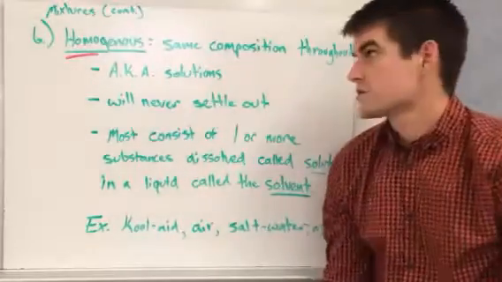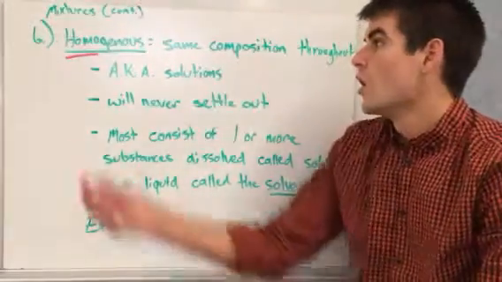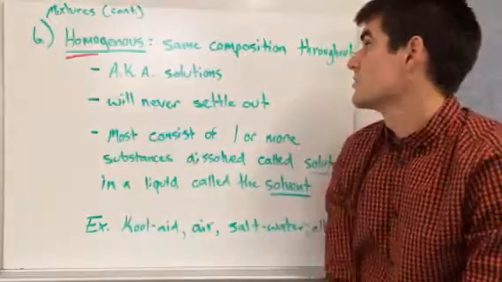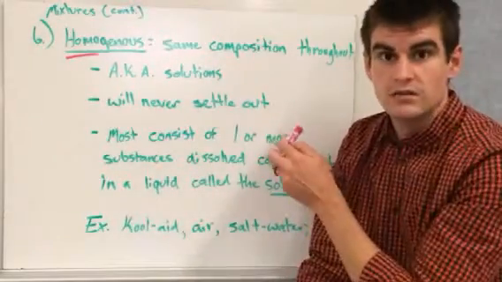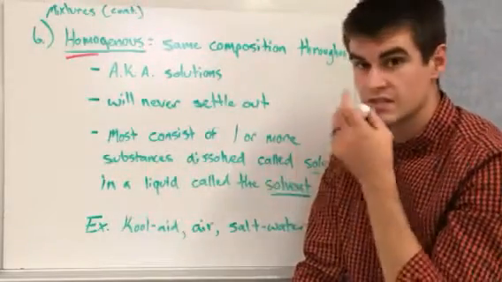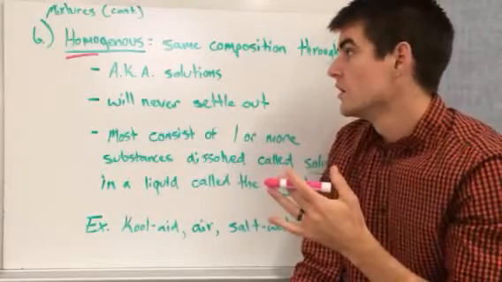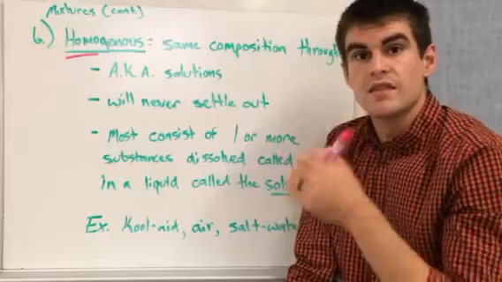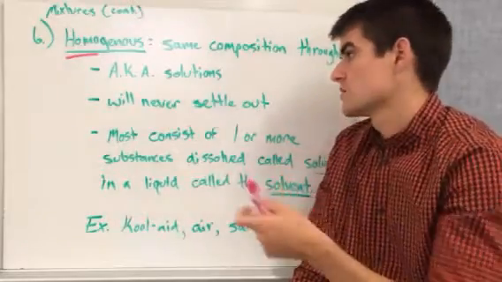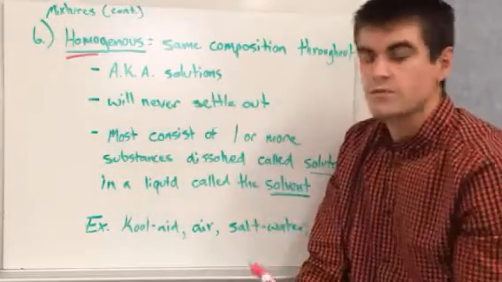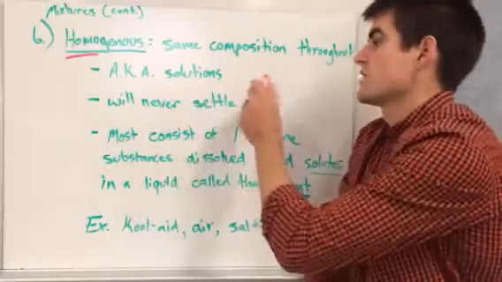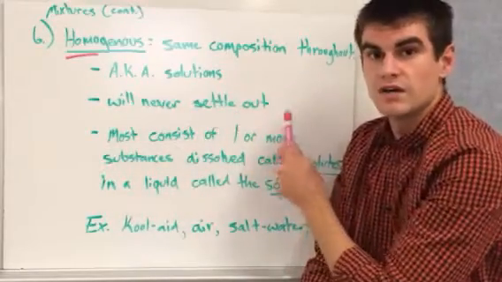The other kind of mixture then is homogeneous, where homo means same, so same composition throughout. You look at these things and no matter if you look at the top, middle, bottom, wherever, it looks the same. Sometimes we call them solutions. These will never settle out.